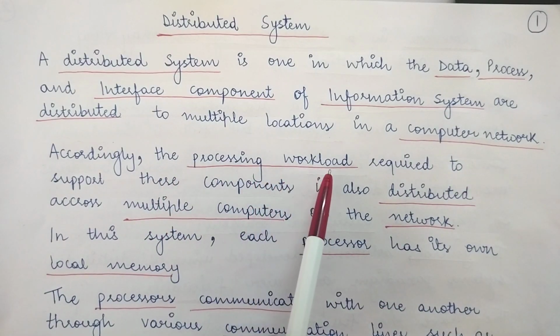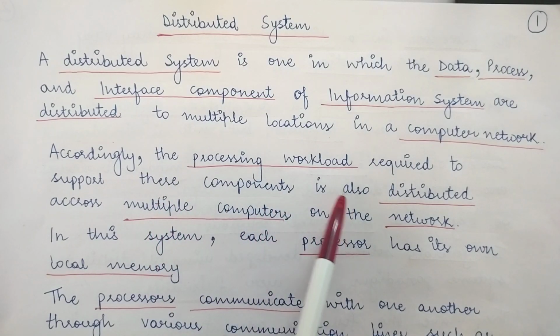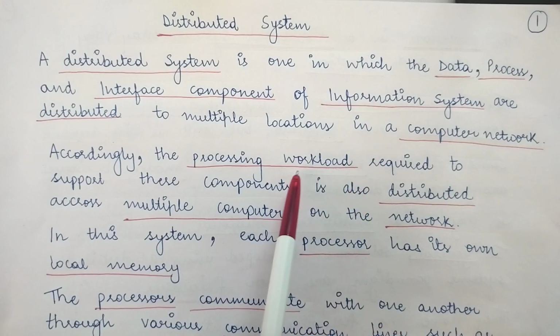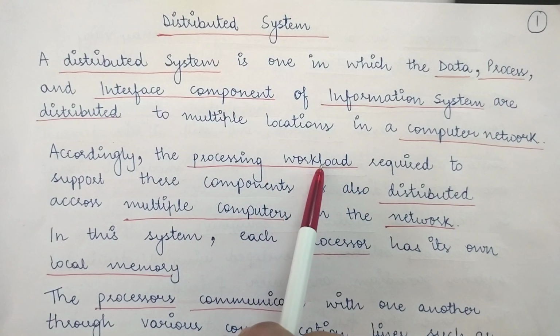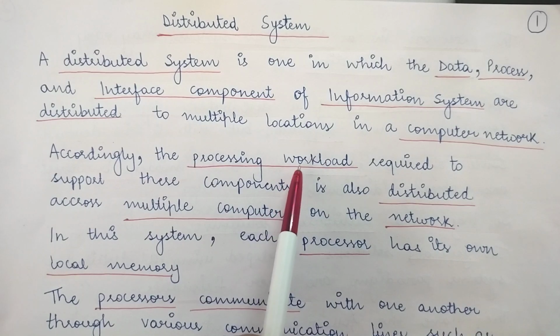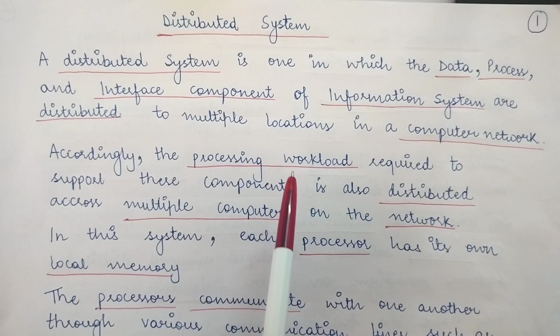Accordingly, the processing workload required to support these components is also distributed. When all the components are distributed, so is the processing workload. At the end, the processing of all these components yields the end result.